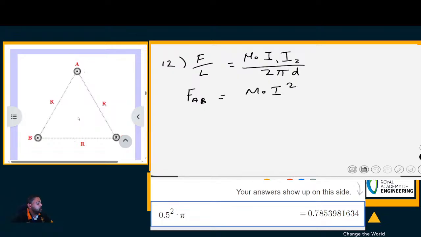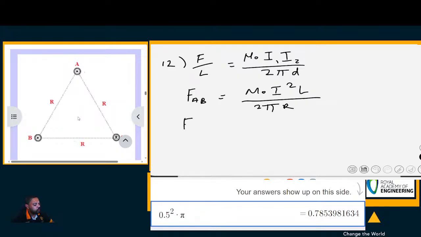Remember, L is here at the bottom, so we just multiply both sides by L, the length, so we can get the force. Over 2 pi, we're just going to divide at the end again by L, so that is unnecessary. We can leave it there. And the distance between A and B is R. So that's the force, mu naught I squared L over 2 pi R, between A and B.